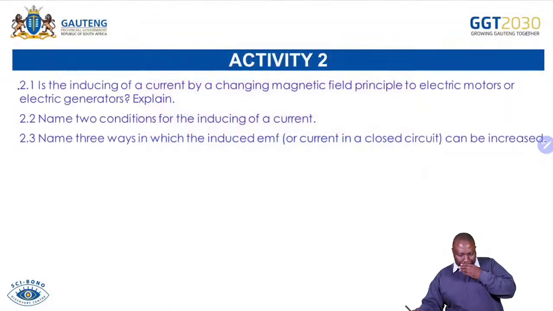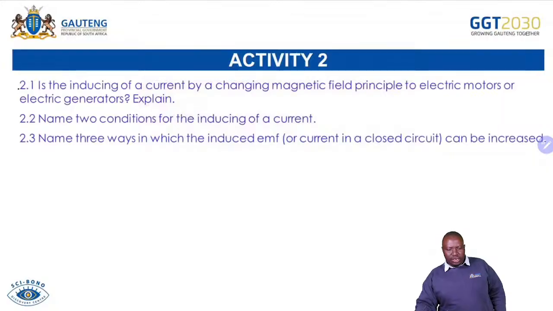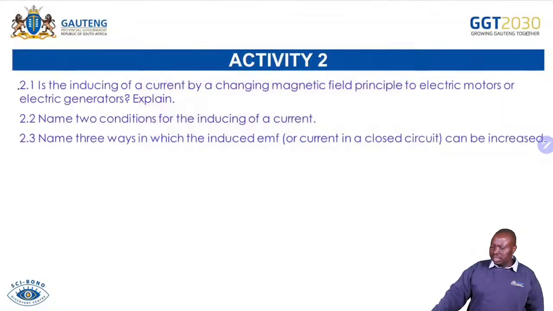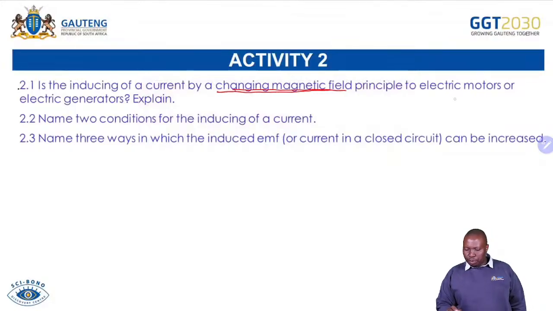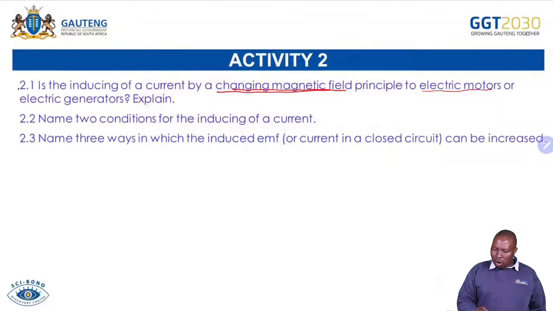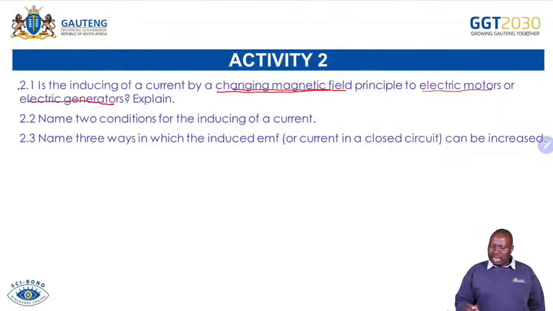Now let's look at activity 2. It's saying, is the inducing of a current by changing magnetic field the principle of electrical motors or electrical generator? You got to always remember that as long as we are inducing, we are generating, that is a generator.